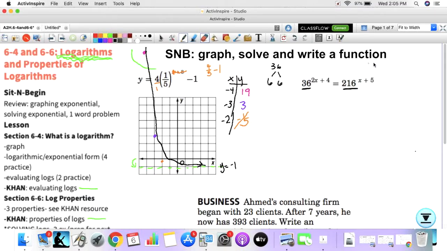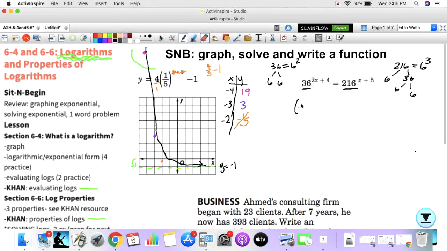It is, okay? So 216 divided by 6 is 36, and 36 divided by 6 is 6. So this is the same thing as 6 to the third, and this is the same thing as 6 squared. So we didn't have to bring it all the way down to 2s and 3s and 1s, okay, or whatever. We can stop at 6s because now they'll both have the same base.